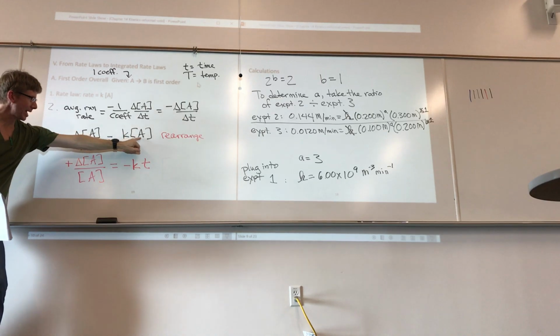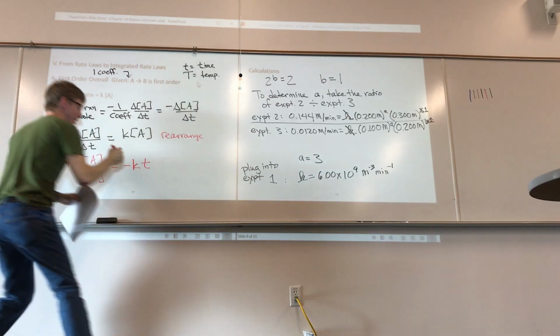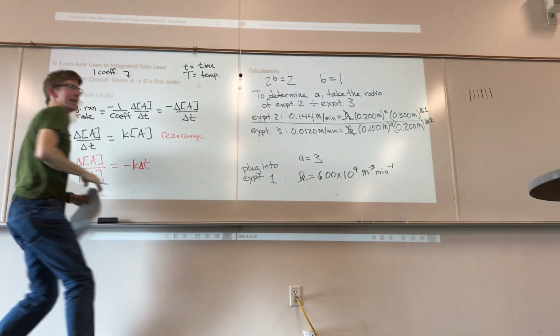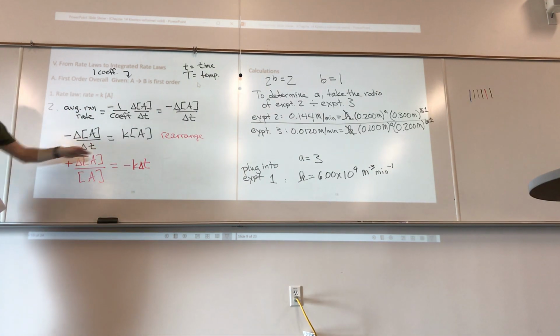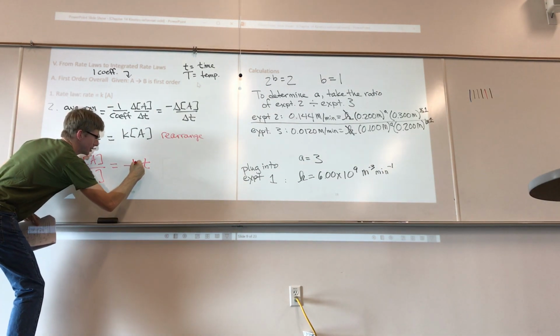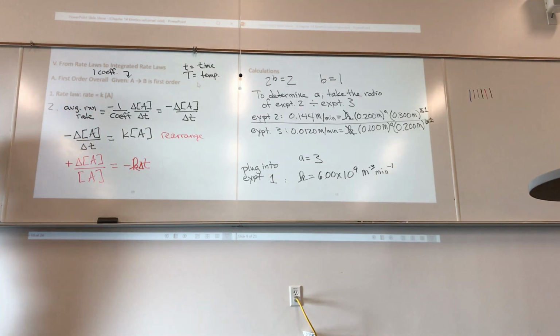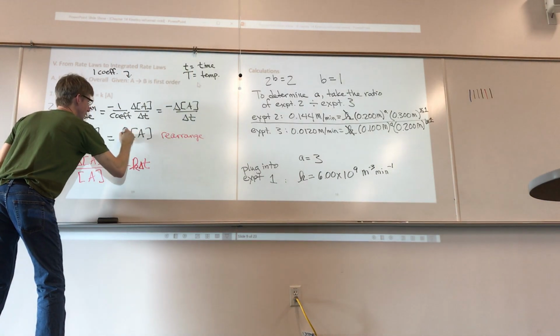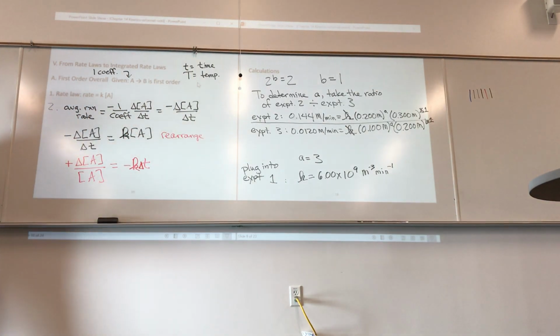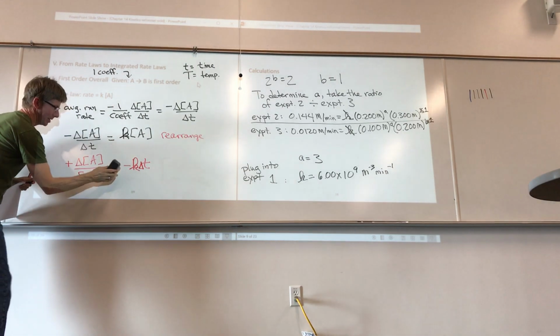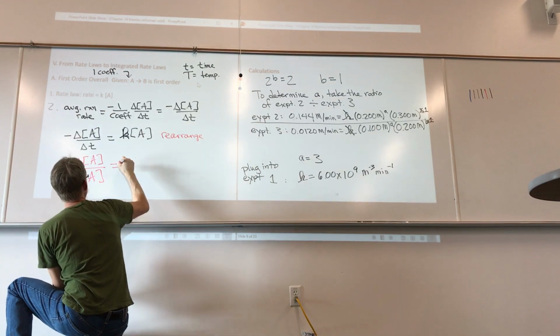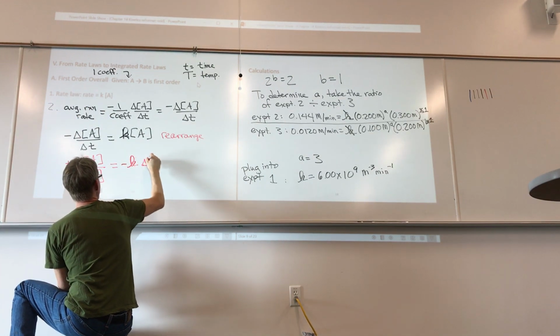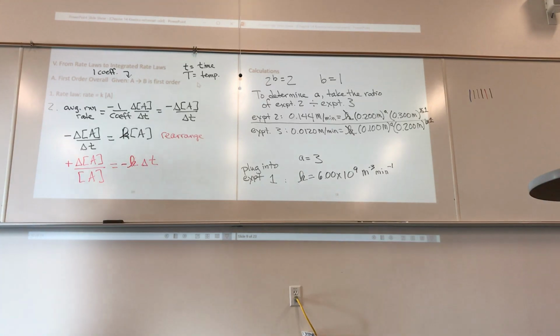All I did was I took the A down to the bottom and moved the delta t up to the other side. I did say I was going to use cursive k, so let me be clear. This is still the rate constant we're talking about. Those are cursive lowercase k's. And I apologize, I'm going to rewrite it, maybe a little cleaner.